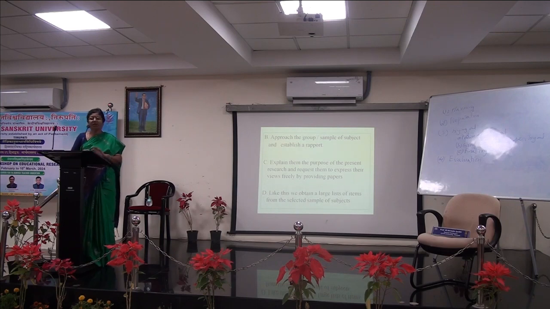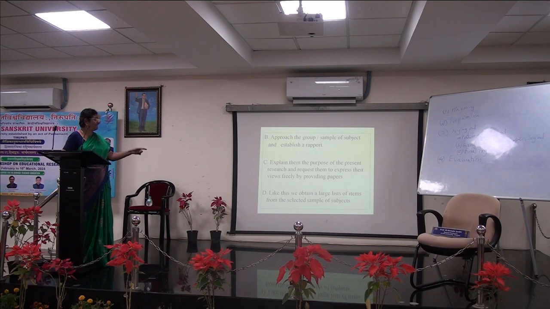Like this, you obtain a big list that is called a large pool of items. A researcher known as Gutman calls it a large pool of items. And like that, you obtain a large list of items.